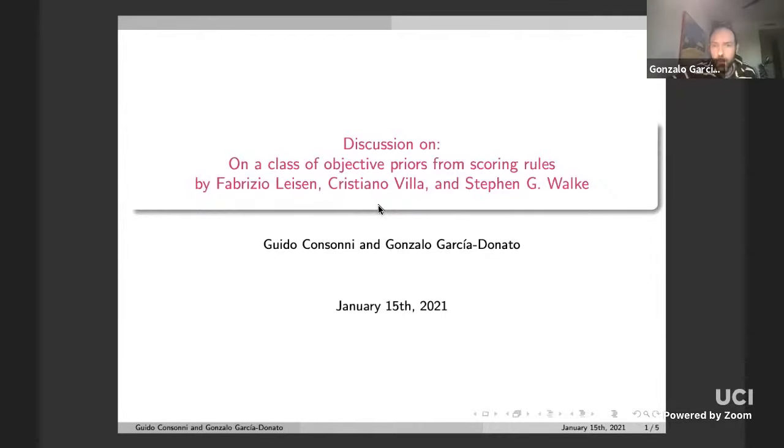And my first word is to say that for many Bayesian practitioners to enjoy the posterior, some others have to suffer the prior, and this is a very nice example of people thinking about the prior.